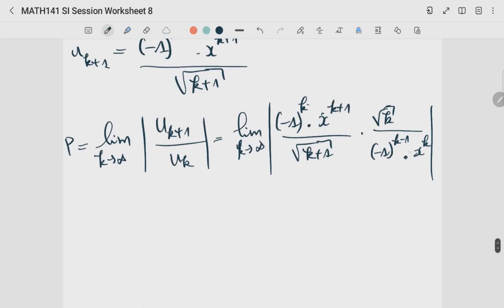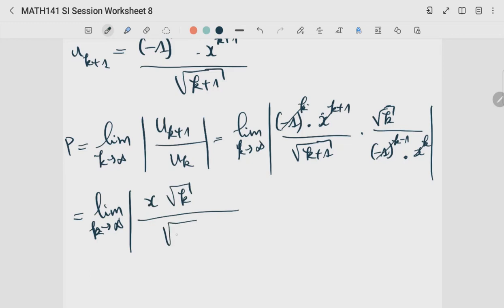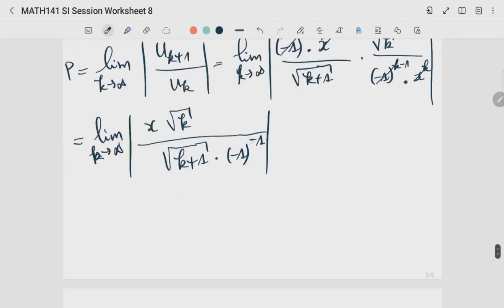We can simplify -1 to the k as well as x to the k to be left with the limit as k tends to infinity of x times root of k divided by root of k plus 1 multiplied by -1 to the -1, which is just 1 over -1, which is -1, and under the absolute value, -1 just becomes 1, so we can omit it.